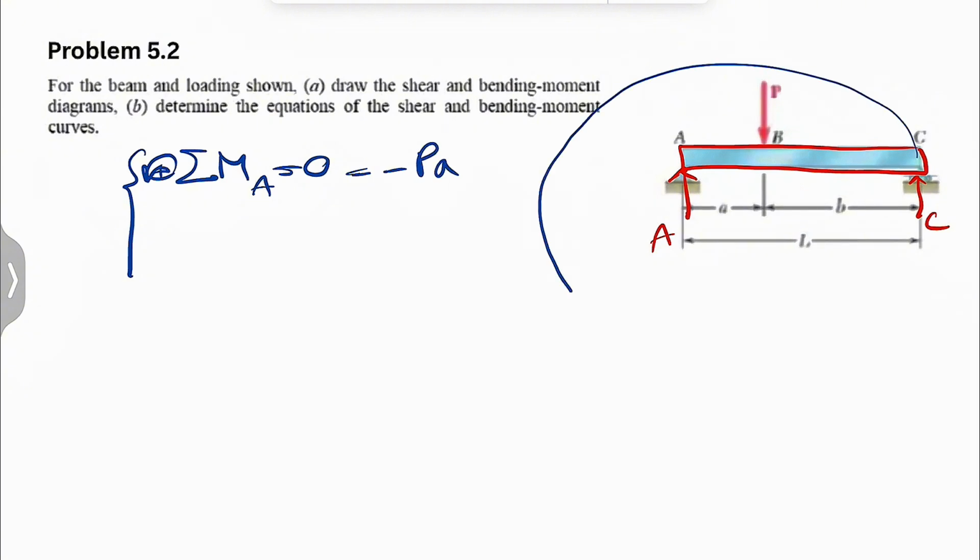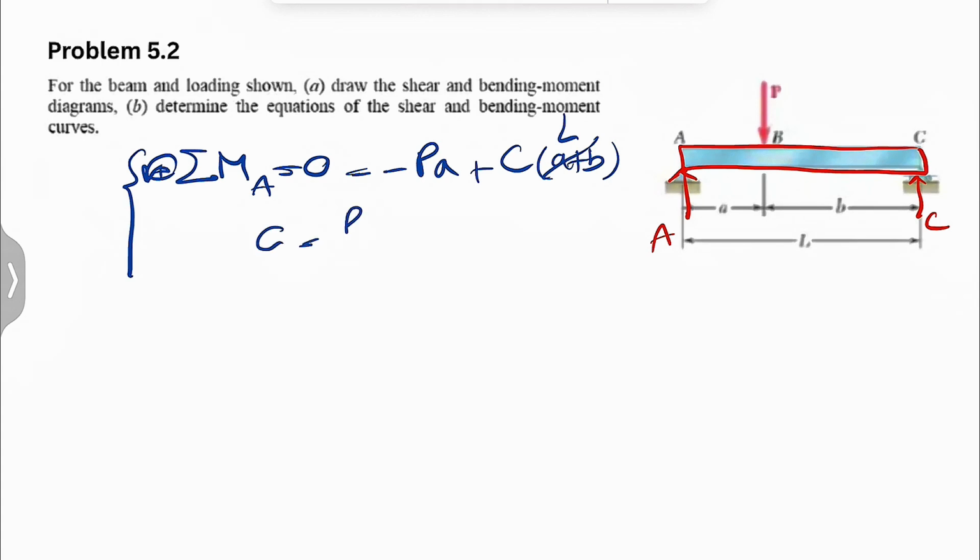We have the moment of C about A counterclockwise, so positive C times a plus b, which is basically the length of the beam, or L. So equals 0, we can find our C based on P in here.